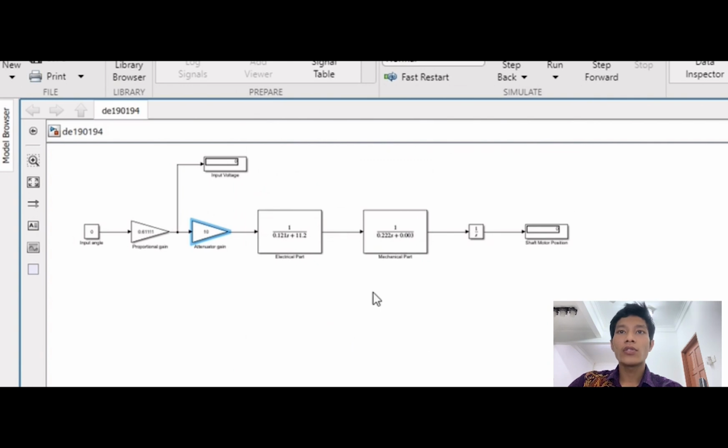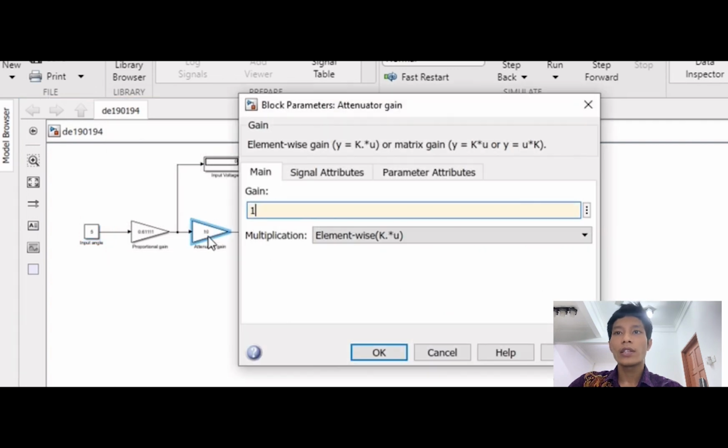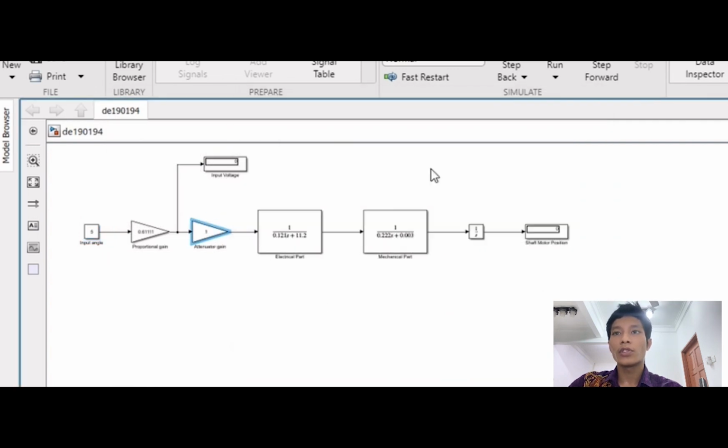After that, continue to set the input angle to 5, 10, and 360 for the potentiometer, clockwise and anti-clockwise. For the clockwise, input angle 5 and actuator gain 1, the input voltage is 3.056 and the shaft motor position is 58.65.